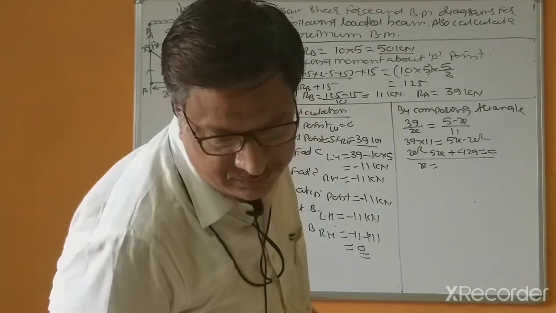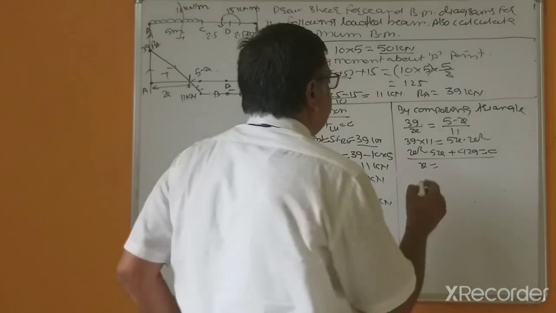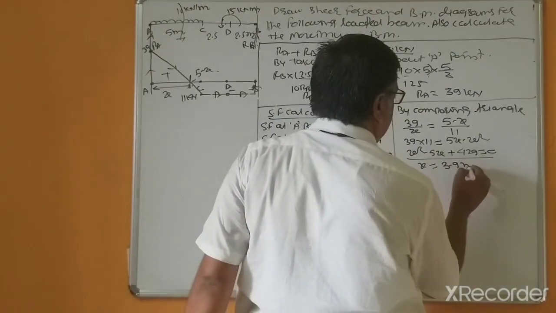You will get two values of x, 3.9 meter.